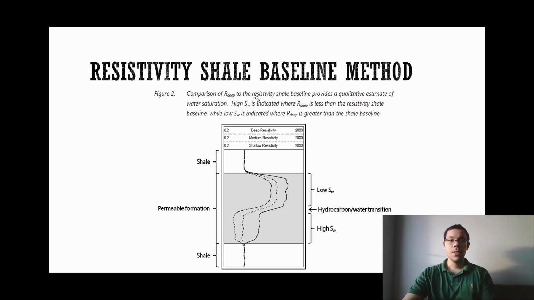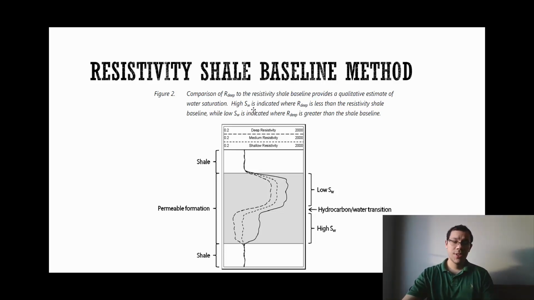Now, let's see this graph here. It's related to the resistivity shale baseline method. Let's read it. Comparison of your deep resistivity to resistivity shale baseline provides a qualitative, this word is important, a qualitative estimate of water saturation.